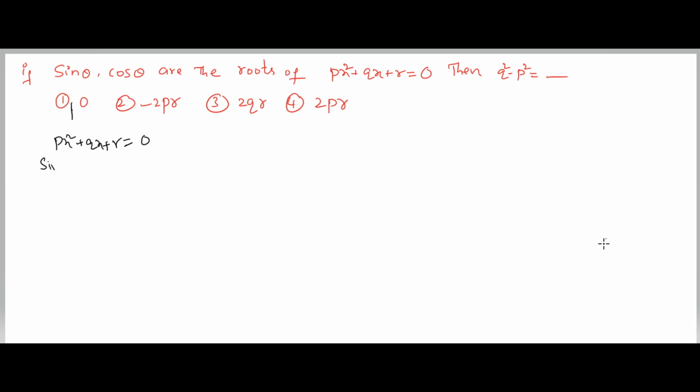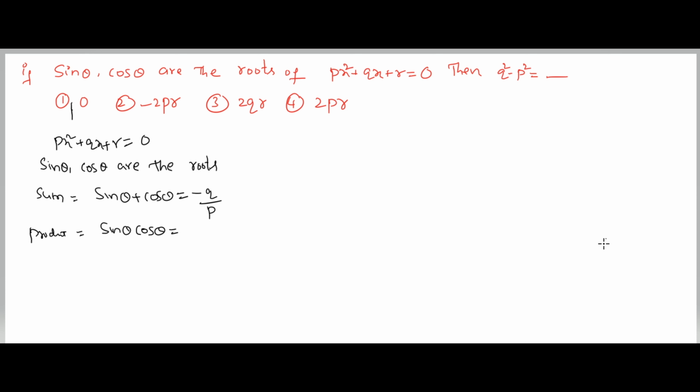Sin theta, cos theta are the roots. Now we find the sum of the roots. Sum is equal to sin theta plus cos theta is equal to minus b by a, that is minus q by p, and the product of the roots is equal to sin theta into cos theta is equal to c by a, that is r by p.